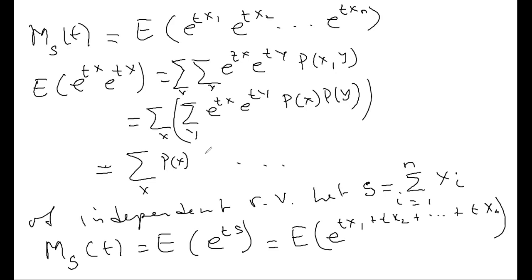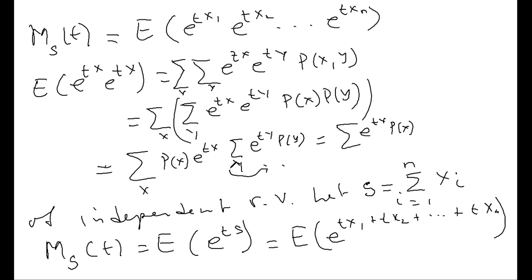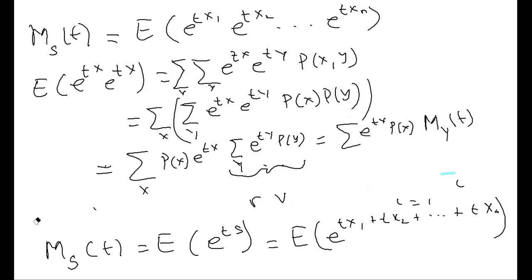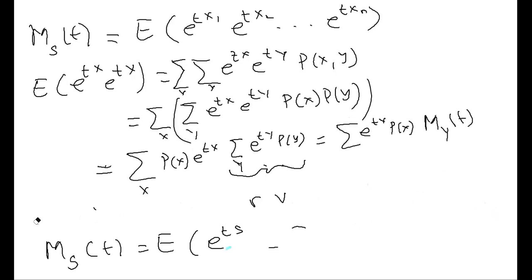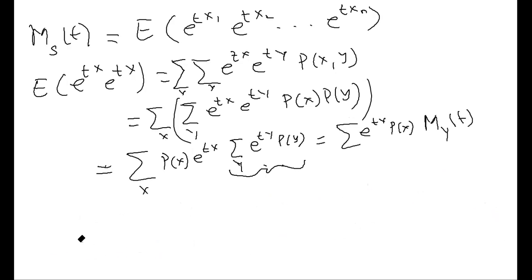It will be p of x, e^(tx), sum on y, e^(ty), p of y, which is the sum of e^(tx) p of x, and this quantity is the moment generating function of y, which can be taken out.